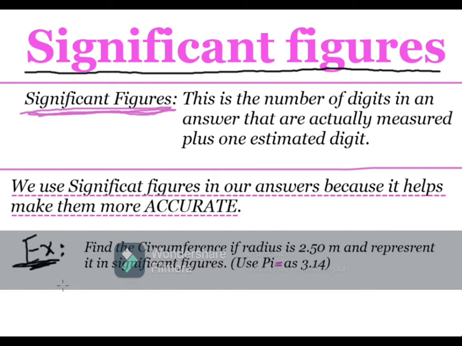In this case, the circumference is 2 pi r, so it's 2 pi times 2.5. In the work that you do, you don't need the 0 at the end, but you may have it if you want. So that is equal to 2 times pi times 2.5, which is equal to 15.7.